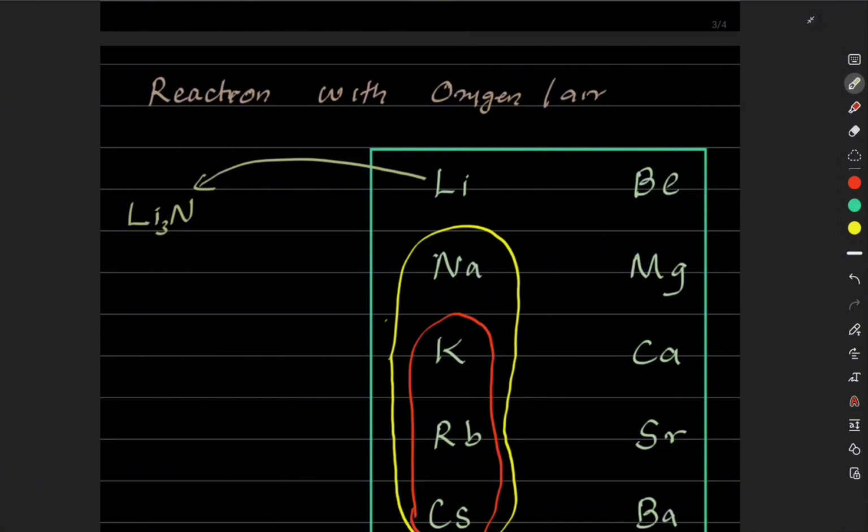Lithium reacts with oxygen and forms lithium oxide, Li2O, which is a white powder.